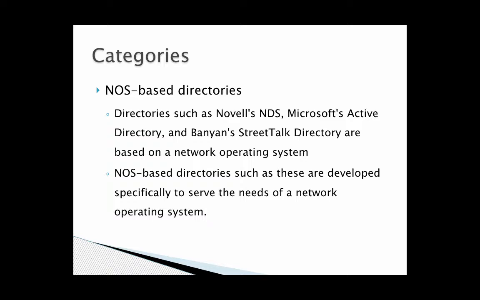Now, the reason we have this in a lot of cases is because of network operating system based directories, there's several different varieties. Generally nowadays we only really have LDAP and Active Directory, but there were quite a few others and they're still around, but they're not all that common. NDS is a big one, that's the Novell Directory Services. We used to run that here, but got rid of it for Active Directory.